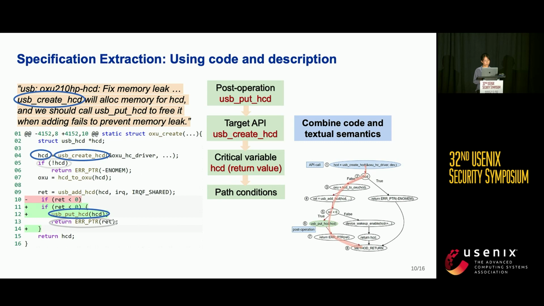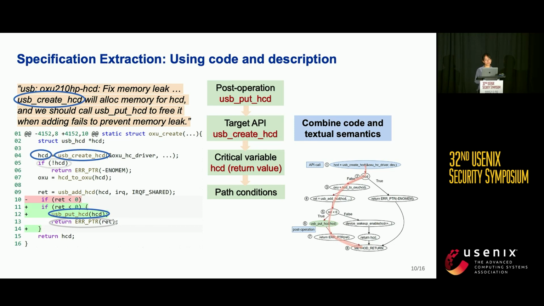In this case, APHP first obtains candidates including USB create HCD, HCD to OSU, and USB add HCD, as they have data dependence with the post operation. Then APHP utilizes the description to infer USB create HCD as the target API.